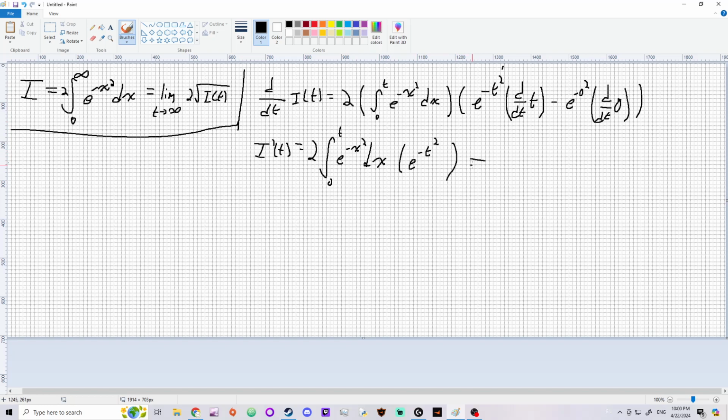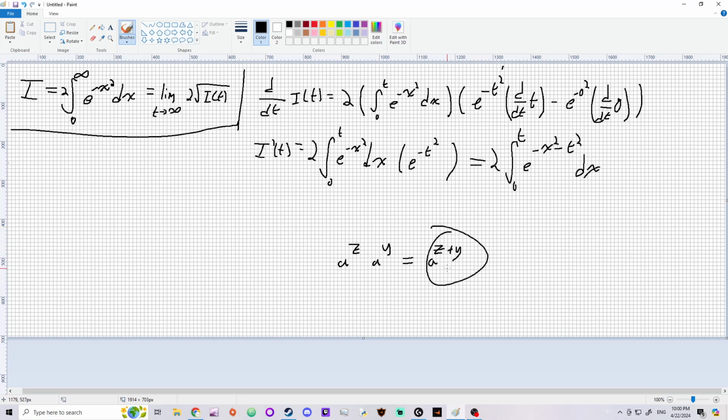And I'm going to simplify this a little bit more. So 2 times the integral from 0 to t of e to the negative x squared minus t squared dx. Remember our exponent rules: same base, a to the z times a to the y is a to the z plus y.